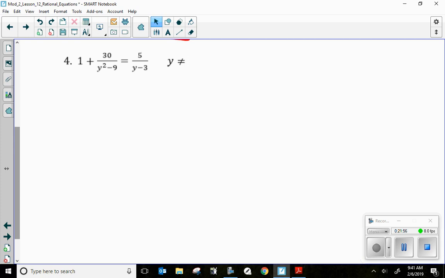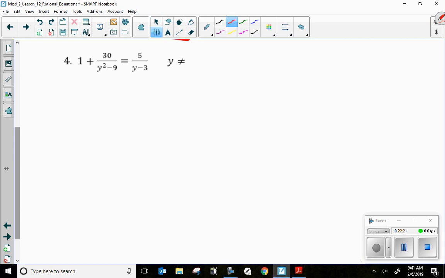So if you have polynomials on the bottom, expressions that are more than one term, meaning you have pluses and minuses in between them, factor them all out, because that's going to help you visually see what these denominators have in common already and what denominators need what terms. Let me explain.